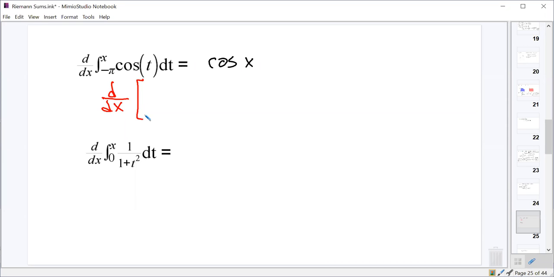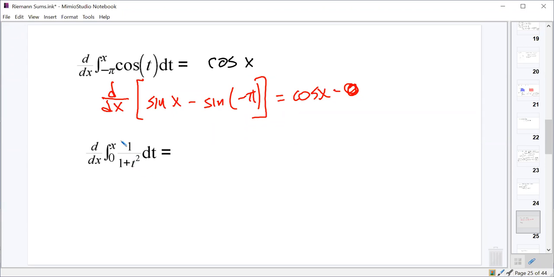So what this is effectively doing is saying take the derivative of the integral of cosine from negative pi to x. So this is saying take the derivative of sine evaluated at x minus sine evaluated at negative pi. Okay. Well, what's the derivative of sine of x? It's cosine x, and then this whole piece right here, this is just a constant, right? Sine of negative pi is a constant. So cosine x minus 0, or just cosine x.